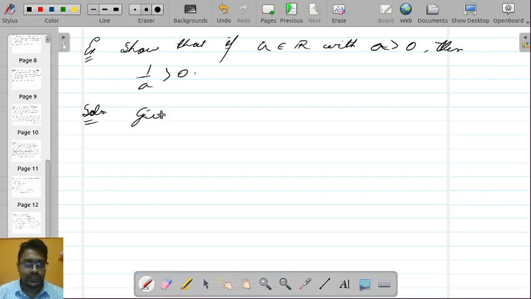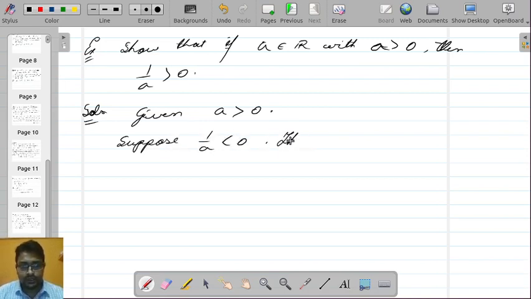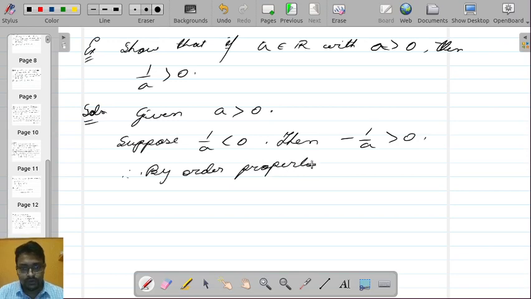So it's given that a is greater than 0. Okay, so suppose 1 by a is negative. Okay, so then minus 1 by a will be positive. Okay, so therefore by order property we have a into minus 1 by a, this is positive.